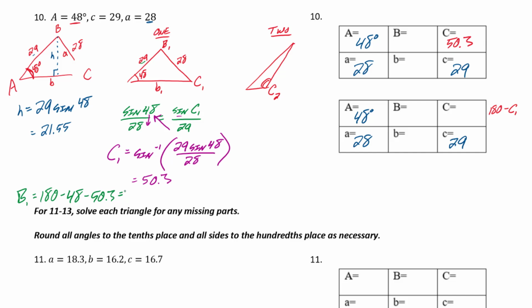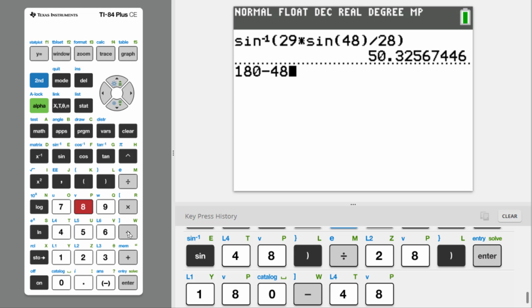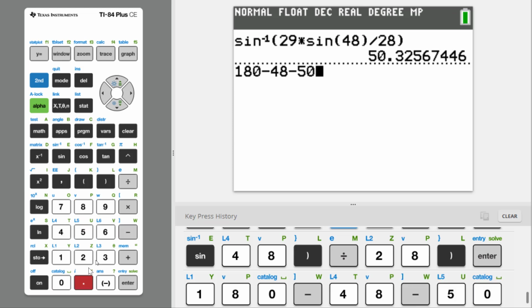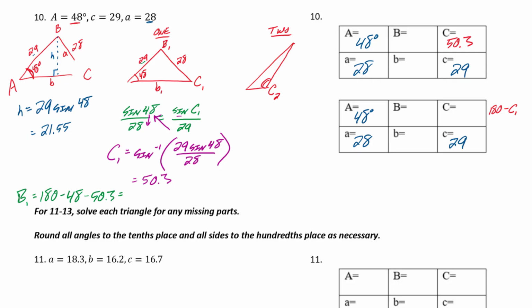If I bring the calculator back up again, 180 minus 48 minus 50.3, and I get my last angle to be 81.7. Add that to my answer over here as well.